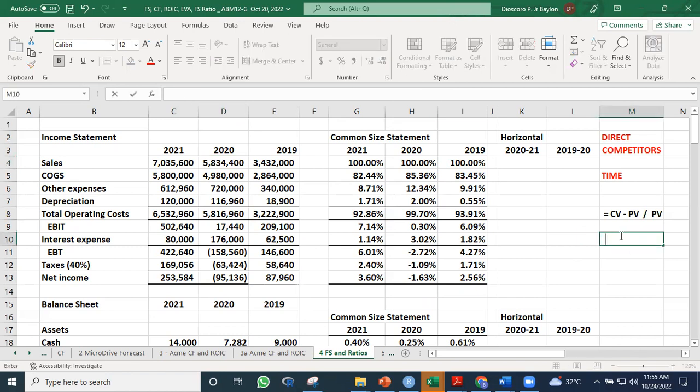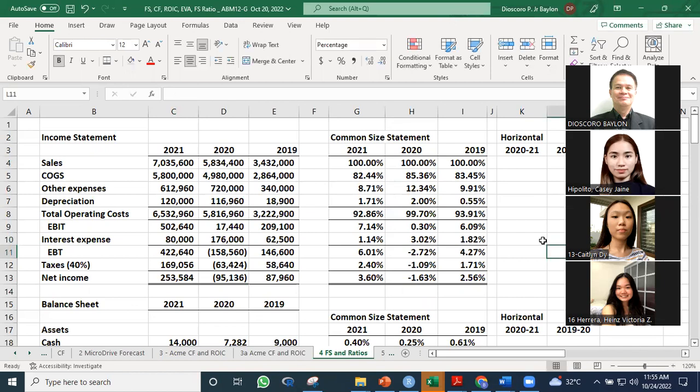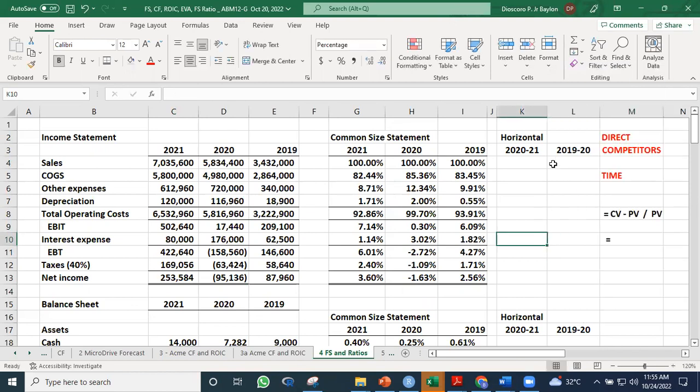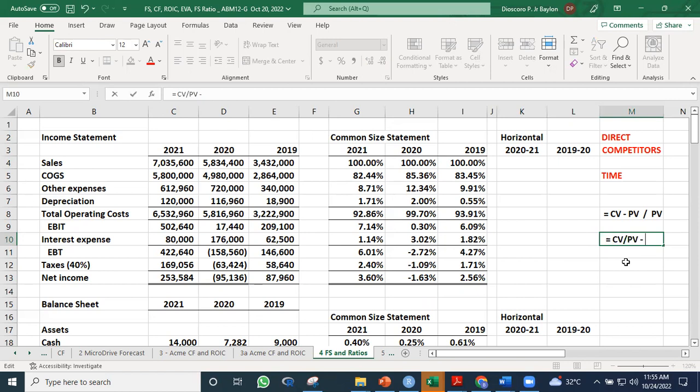But this can also be reduced into, so yung PV natin, class, i-distribute natin. So this becomes CV, current value divided by previous value, and then minus PV divided by PV, that's 1.